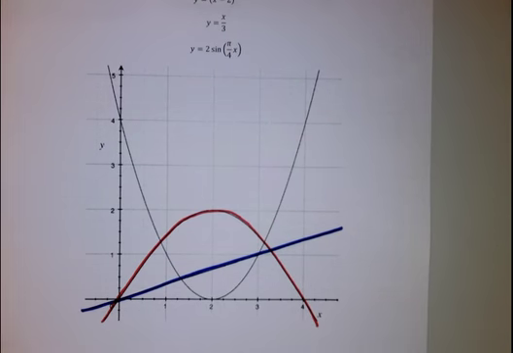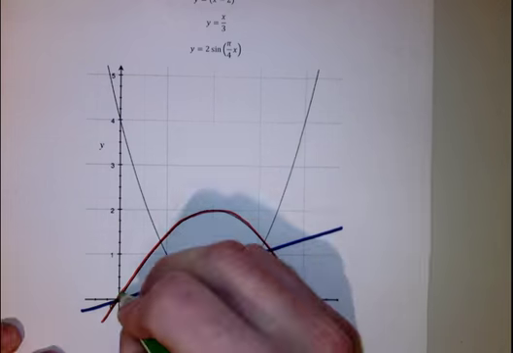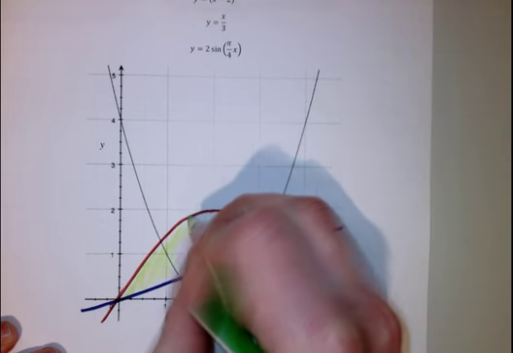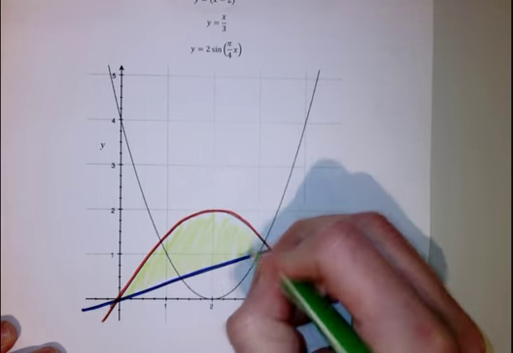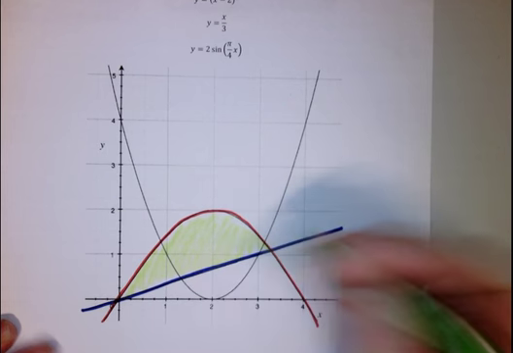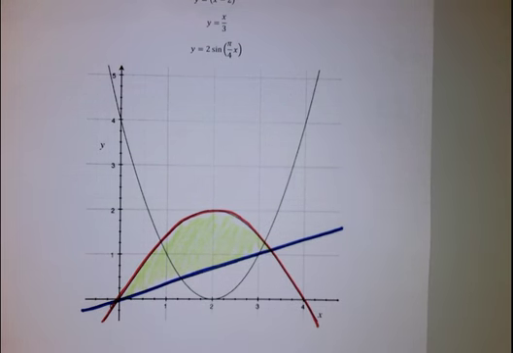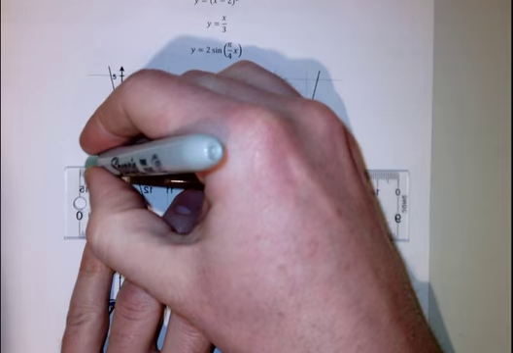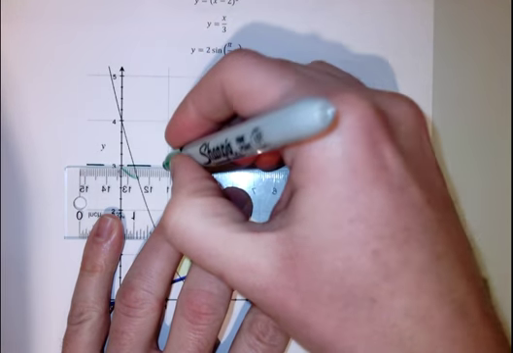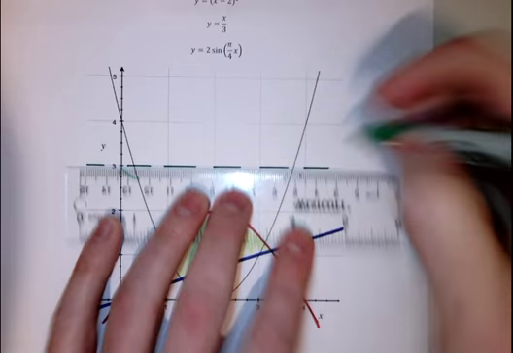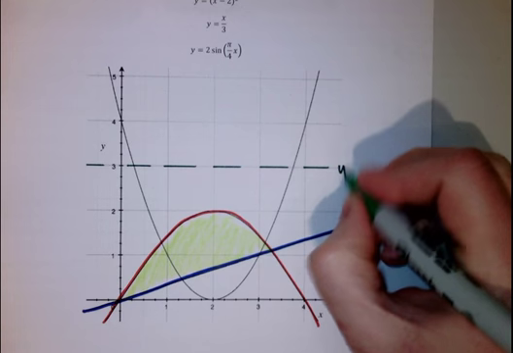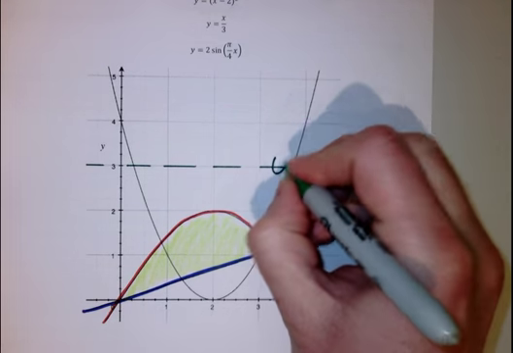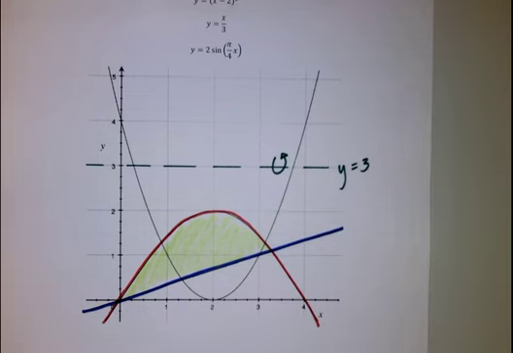And I want to take this region and, just to be difficult, let's go ahead and spin it around, oh, I don't know, how about y is equal to 3? Sound good? So y is equal to 3 will now be our axis of revolution. I'm going to spin it around there.